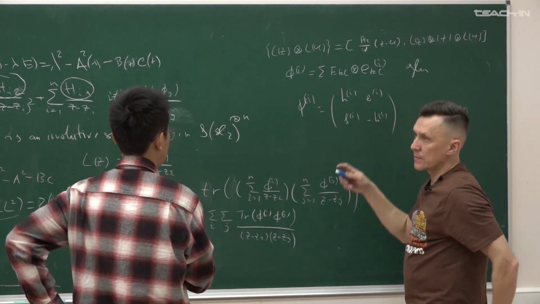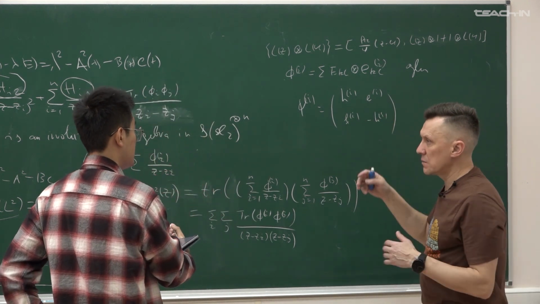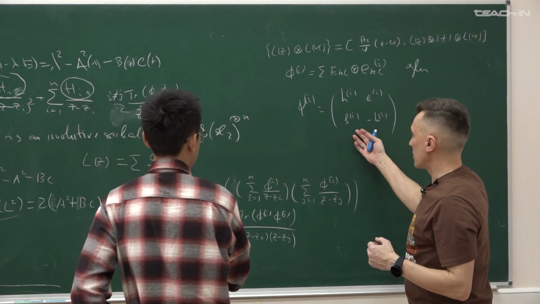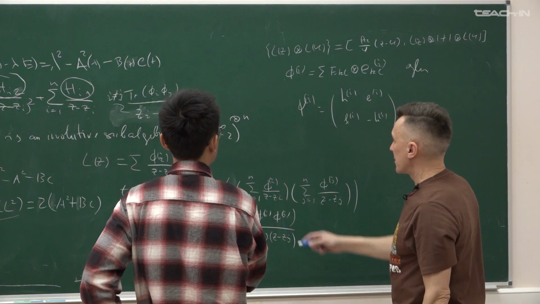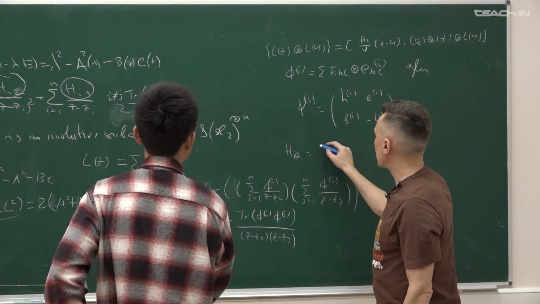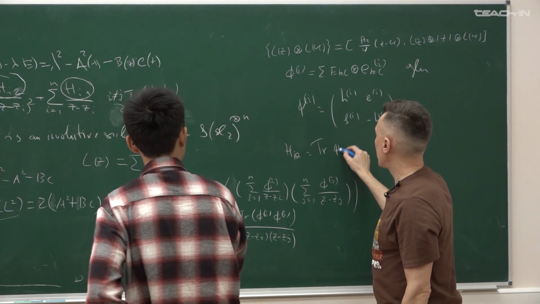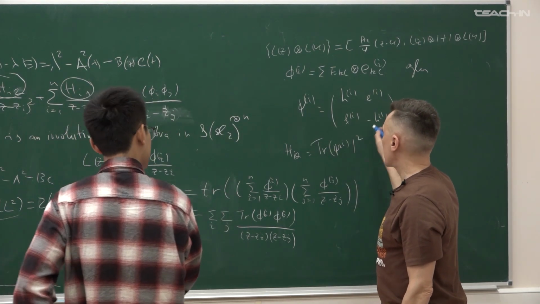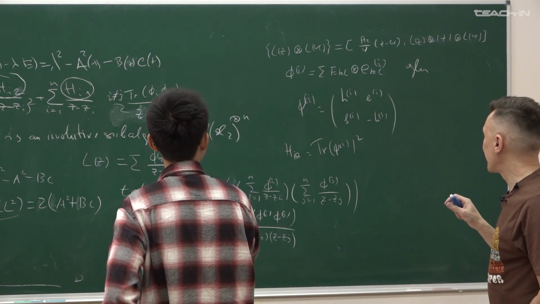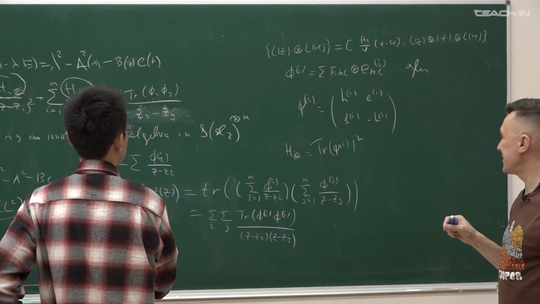These entries are just generators of the I-th copy of SL2. Understand? But now return to HI2, which is just the trace of phi I square. And what will be your right answer?